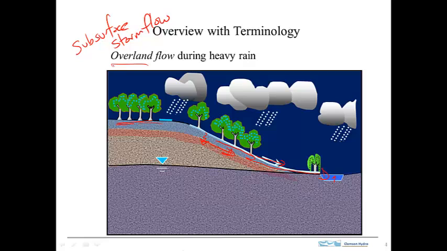This is called overland flow, and overland flow allows rainfall to be shed off of the landscape much more quickly than interflow, so it reaches the stream quickly and enables the water to rise in the stream quickly. The overland flow and interflow are really lumped together in a process that we think of as storm flow. Those things are what cause floods. So if we're interested in streams rising rapidly, we're interested in the storm flow process.